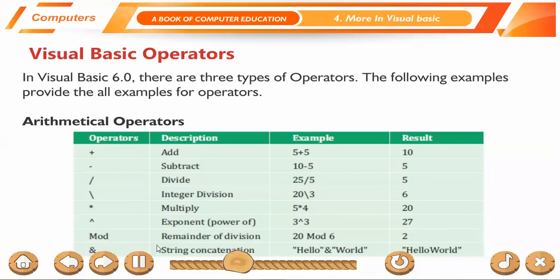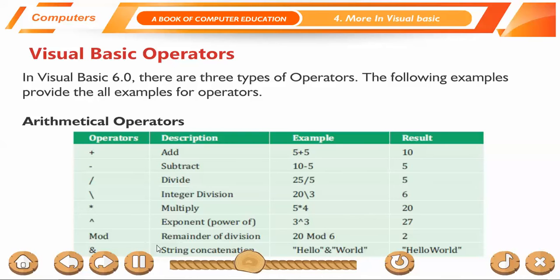Arithmetical operators. Operators, description, example, result. Add: 5 plus 5, result 10. Subtract: 10 minus 5, result 5. Divide: 25 by 5, result 5. Integer division: 20 integer division 3, result 6.